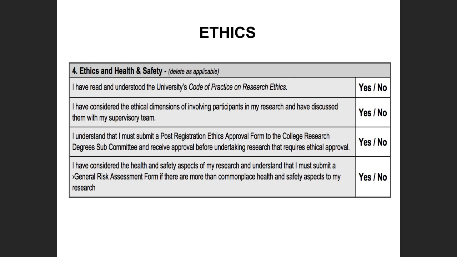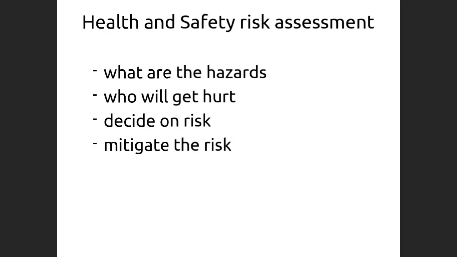And then health and safety also. Health and safety and ethics are not the same thing. Health and safety is about health and safety. Ethics is about values, and as I will come to, it's about certain key things you have to consider. Health and safety, here are the things to look out for. What are the hazards of doing what I'm doing? Will anyone get hurt? What are the risks? And then what are the mitigations?